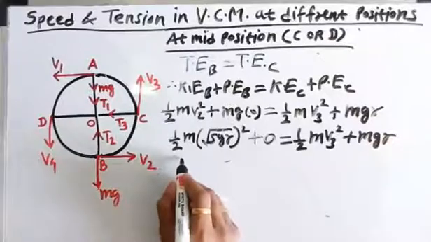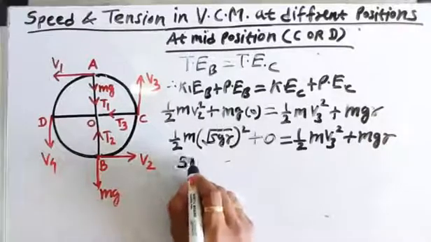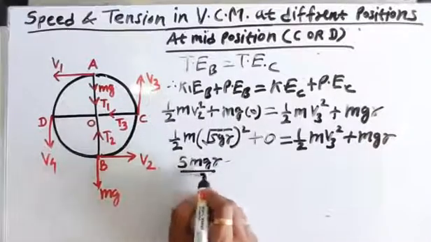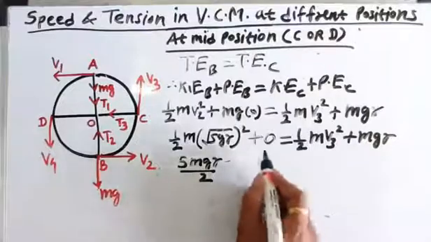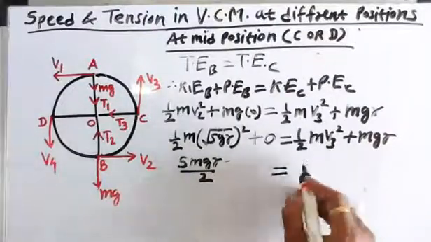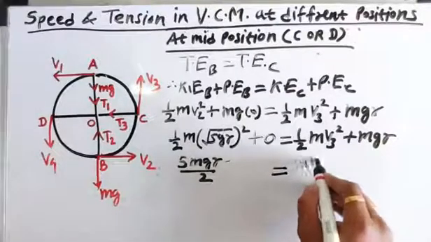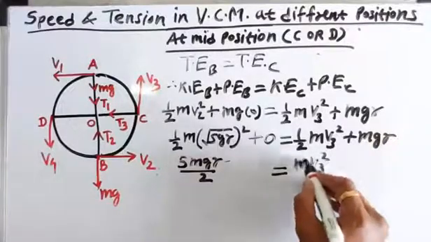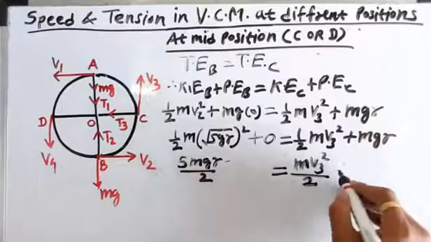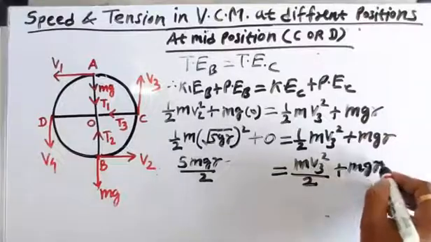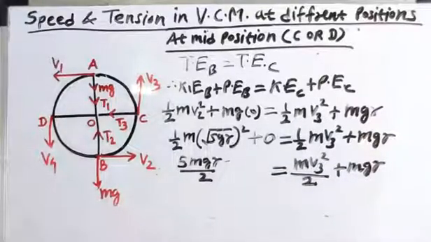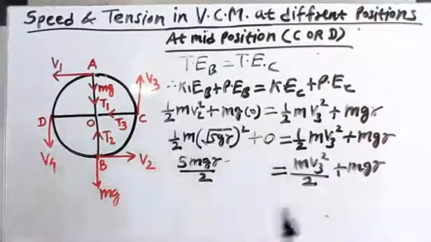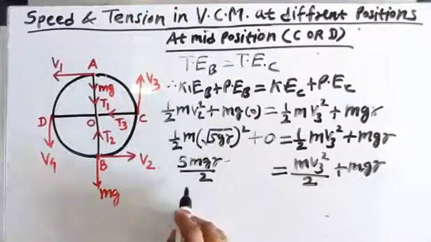Therefore we get 5 mgr upon 2 plus 0 is equal to m v3 square upon 2 plus mgr.